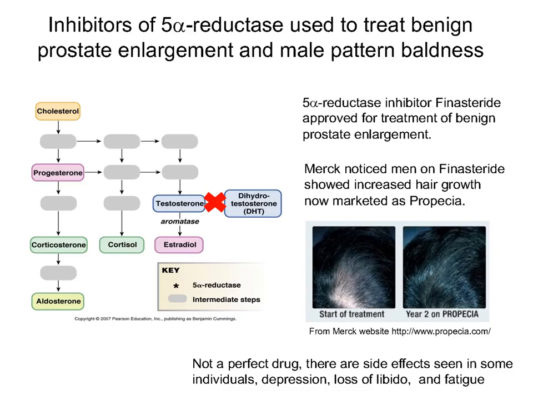For example, since DHT is important for prostate growth, abnormal prostate enlargement can sometimes be treated by blocking 5-alpha reductase, because the idea is if you block DHT from being formed, then you could potentially block the accumulation of DHT in the prostate tissue, and that will lead to not as much growth of the prostate tissue.